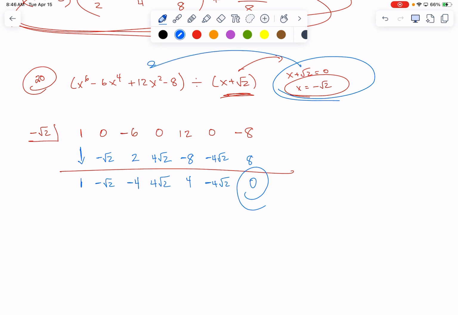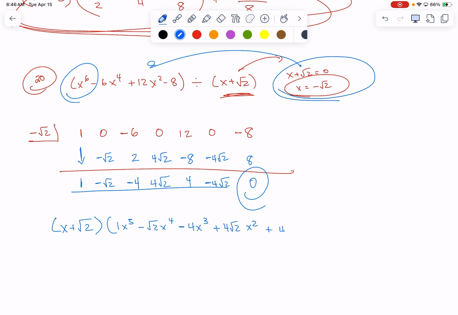So in the division algorithm, your answer is going to be x plus root 2 times what's left over. How much does the degree get reduced by when you do synthetic division? By 1. So it goes from x to the 6th down to x to the what? So you got 1x to the 5th minus root 2 x to the 4th minus 4x to the 3rd plus 4 root 2 x squared plus 4x minus 4 root 2 with a remainder of what?